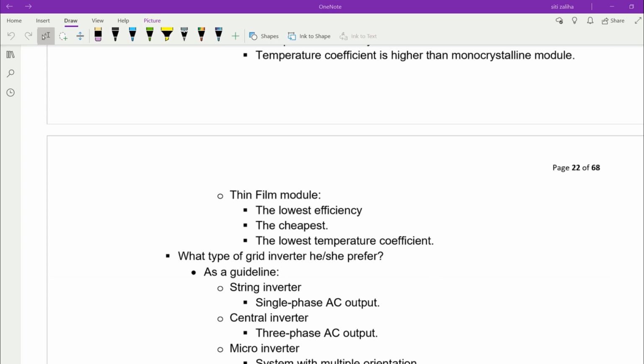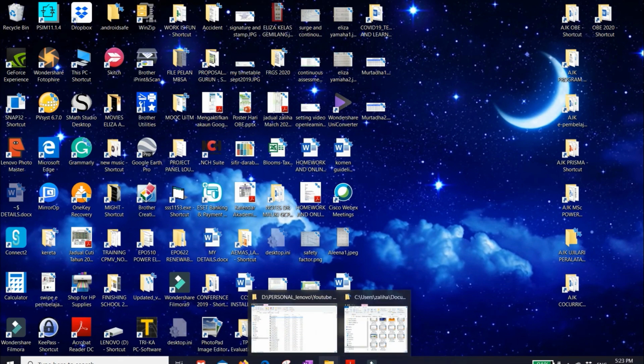Okay, to check this temperature coefficient, you can refer to the datasheet of the PV module.